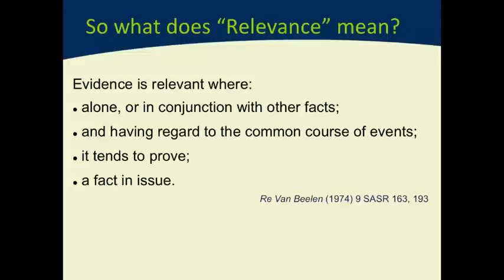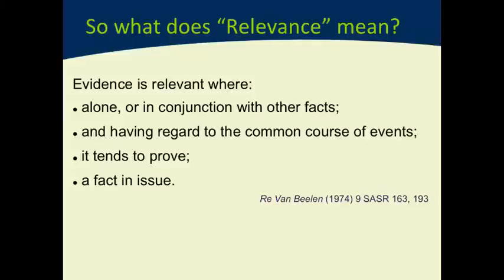A great example is a sexual assault case. Now imagine that you're defending a person who's been accused of sexual assault, accused of rape. Their argument is that the sex was consensual. Now we all know from criminal law that the crime of rape is the sexual penetration of a person without consent.